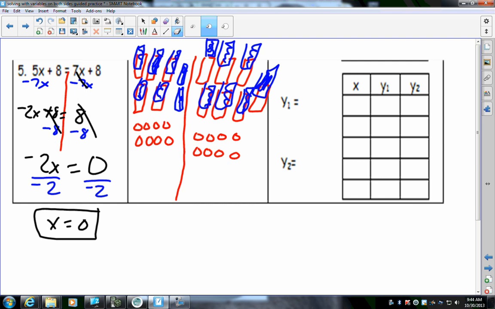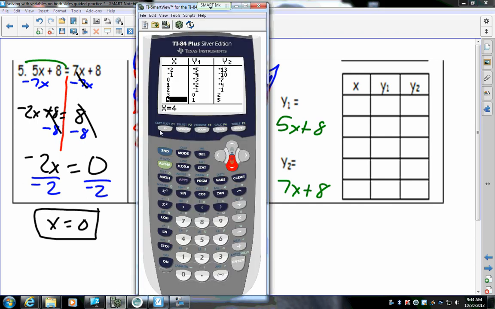Now, to check it, left-hand side into y1. Whoopsie. So I have 5x plus 8 and 7x plus 8 into y2. So as I go to y equals, 5x plus 8, and in y2, 7x plus 8.